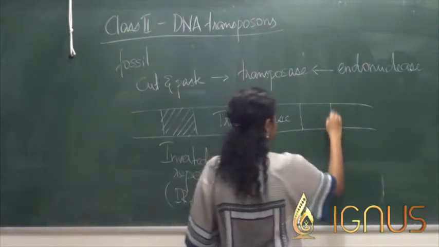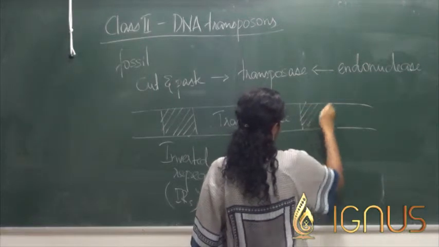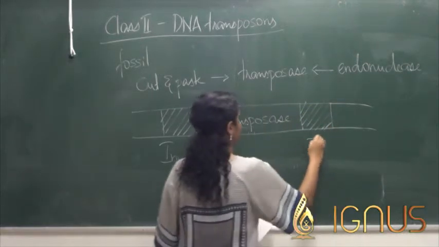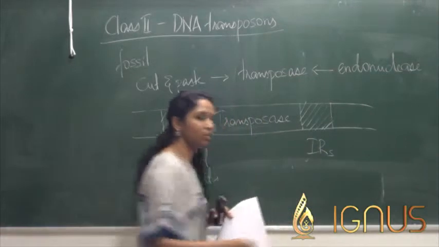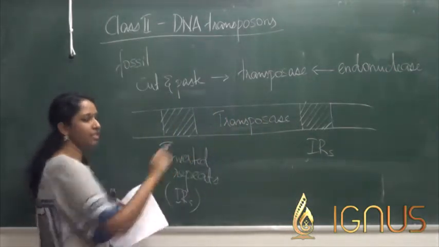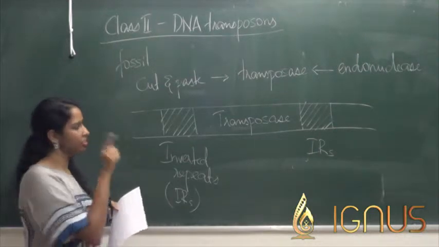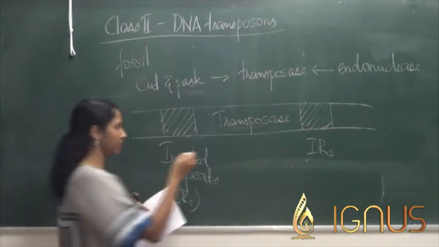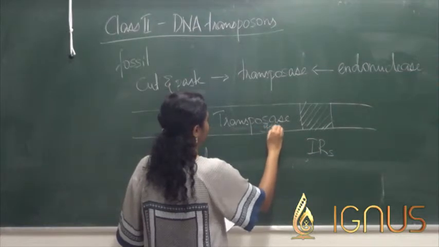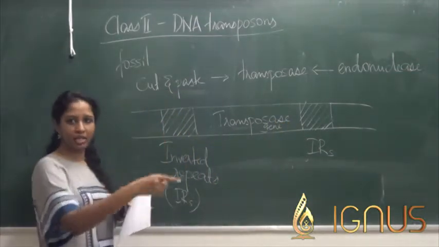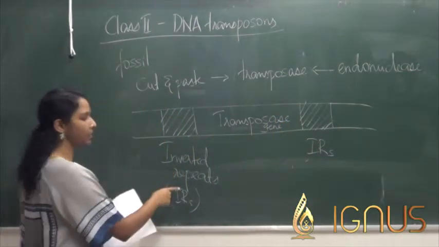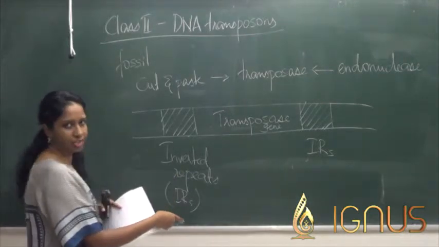So the transposase gene is here, and flanking it on either side are inverted repeats or IR regions.